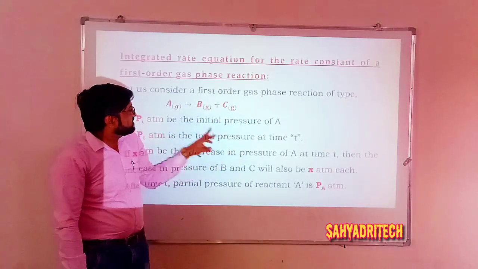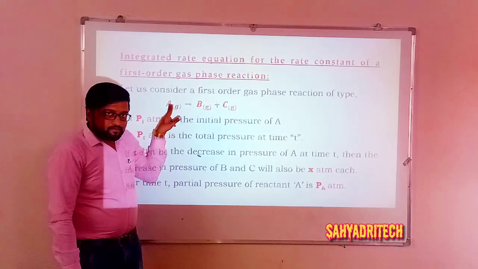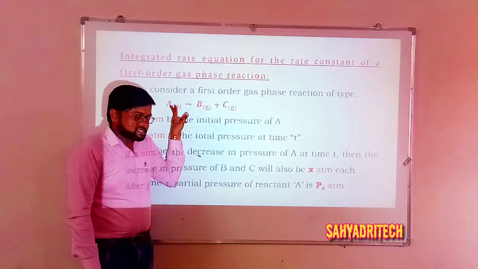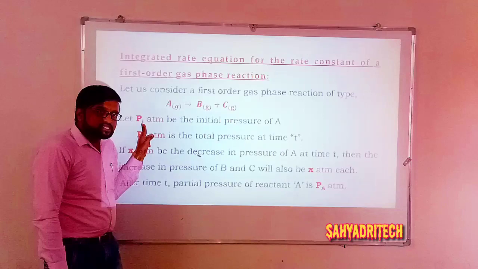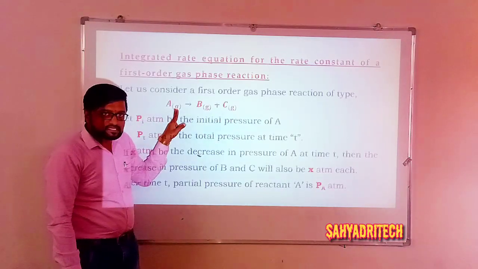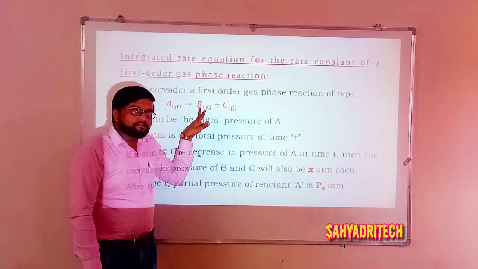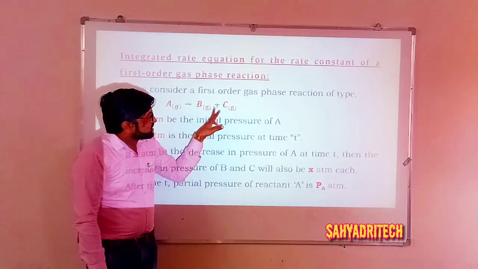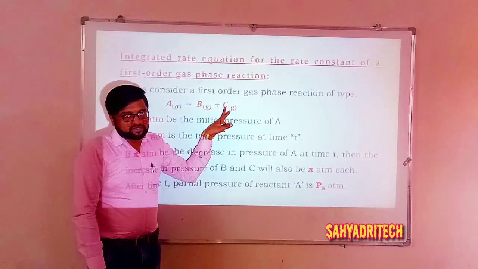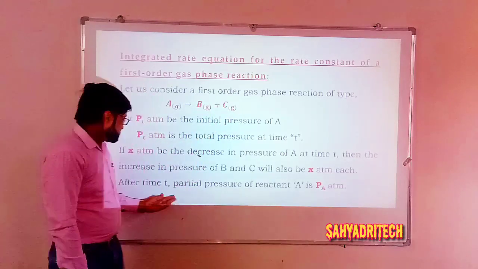So at time t, A's pressure decreases: Pi, the initial pressure, minus x, so Pi minus x at a time t. What about the pressure of B? x atmosphere. And what about C? x atmosphere each. Okay, that's what I said here.